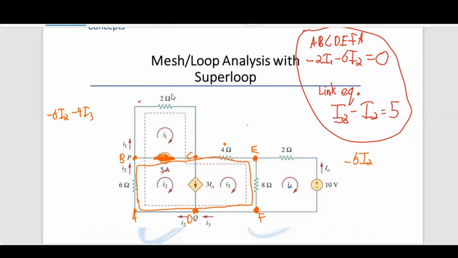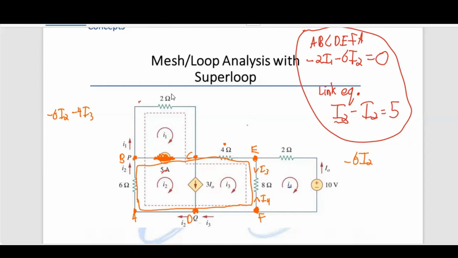Watch this carefully. This resistor 8 is not only in the I3 loop, it's in between I4 and I3. So what are we going to do with this? I3 is going down here, which is good, and then I4 is going up here. This resistor will have two components. One will be positive, one will be negative.